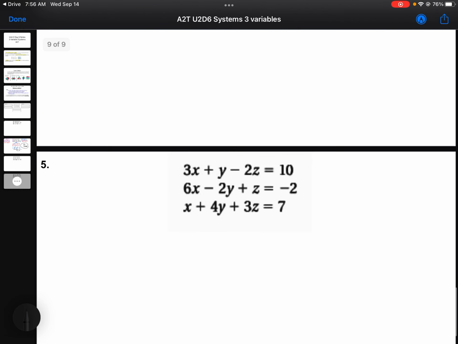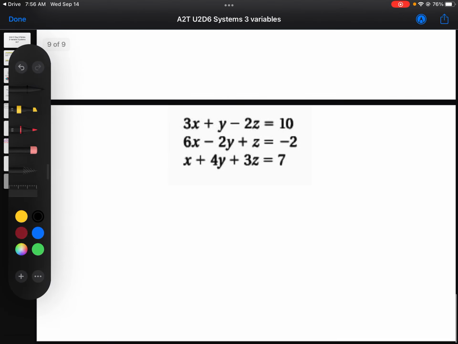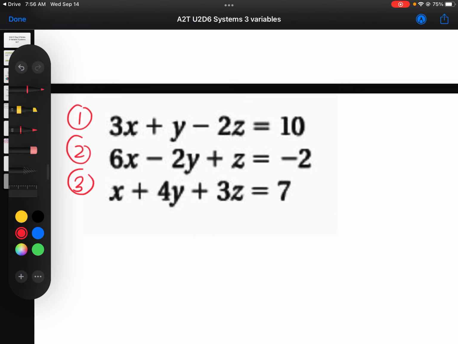Let's look at another special case. So again, I like to start out by labeling these 1, 2, 3, just to keep my work organized. Now, analyzing what I can eliminate. So my x's, I have a 3, 6, and 1. My y's, I have a 1, negative 2, 4. Nice that we have an opposite.